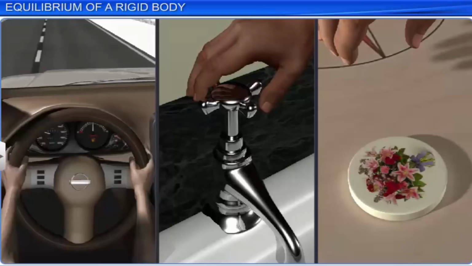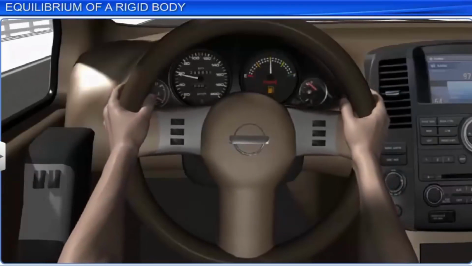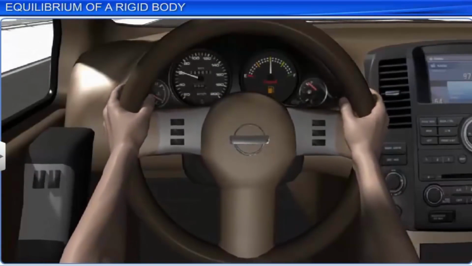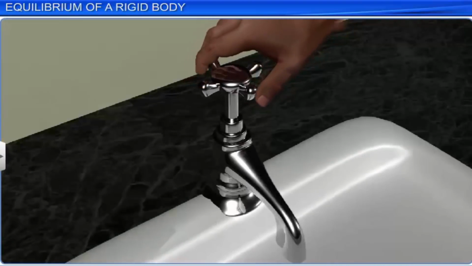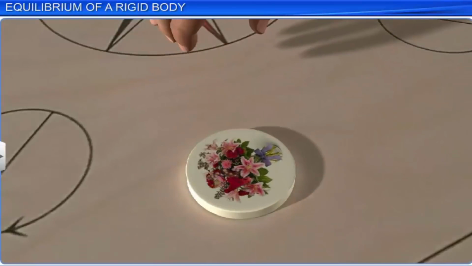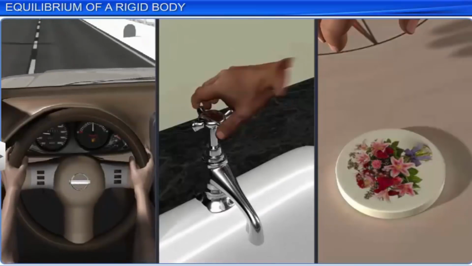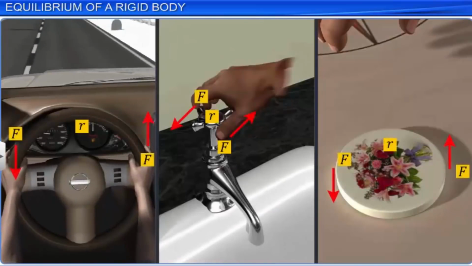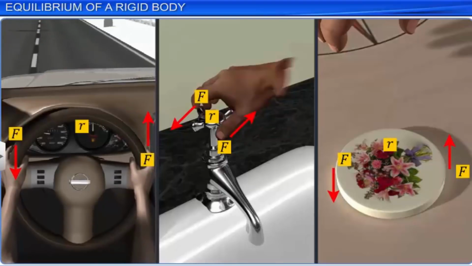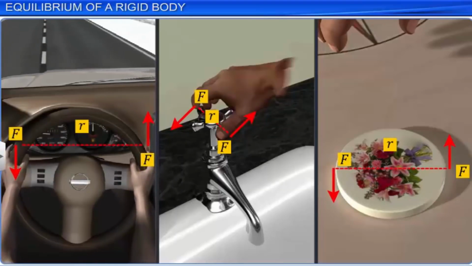For example, a couple is needed to rotate a steering wheel, or to open a tap, or to make a carom striker rotate. Moment of couple tau is equal to r cross F, where r is the perpendicular distance between the 2 forces. Let us consider a lever placed on a pivot.